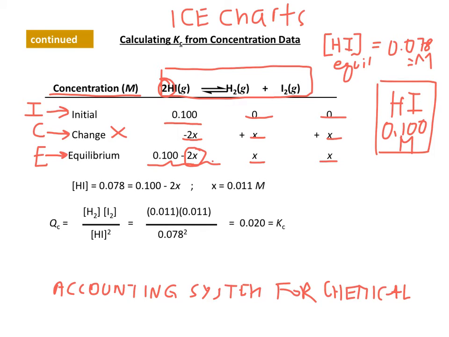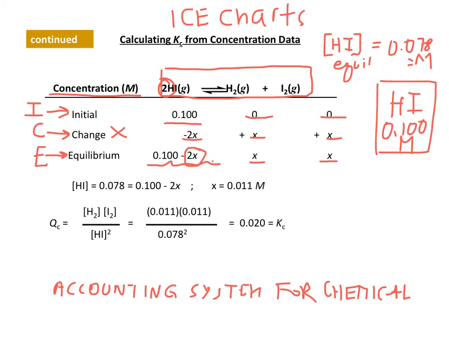But they did give us, this is the harder part, an important piece of information. So they said that at equilibrium, the concentration of HI was 0.078.